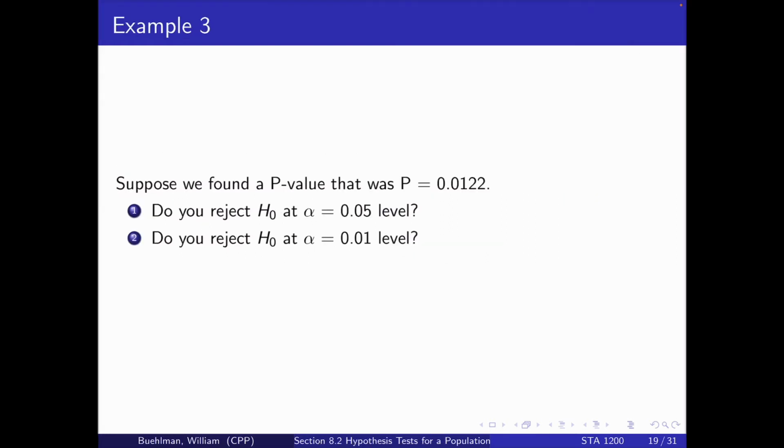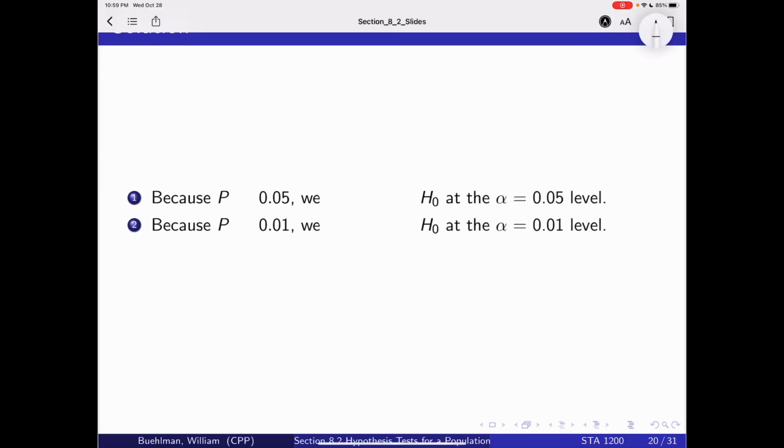Example 3. Suppose we found the p-value that was equal to 0.0122. Do we reject the null hypothesis at the 0.05 alpha level? Do we reject the null hypothesis for alpha at the 0.01 level? For the first one, because p is less than or equal to 0.05, we reject the null hypothesis at the alpha equals 0.05 level.